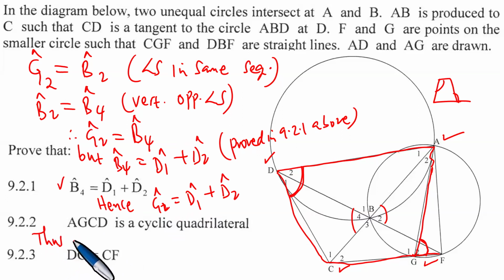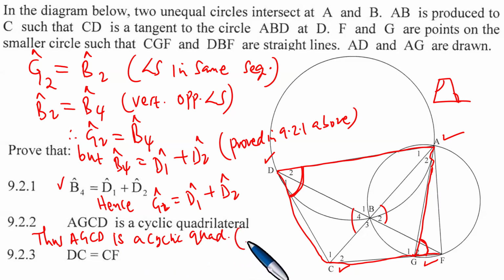So AGCD is a cyclic quad. Why is it a cyclic quad?